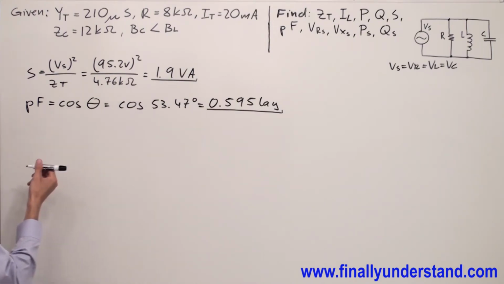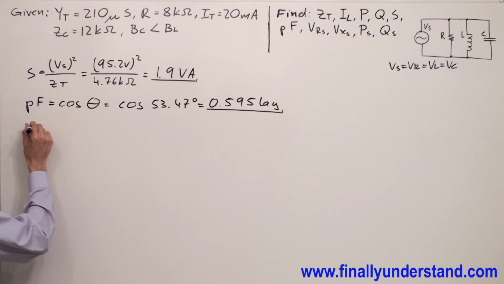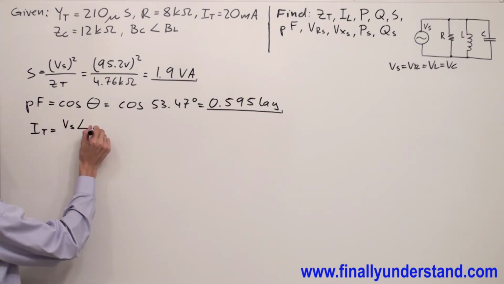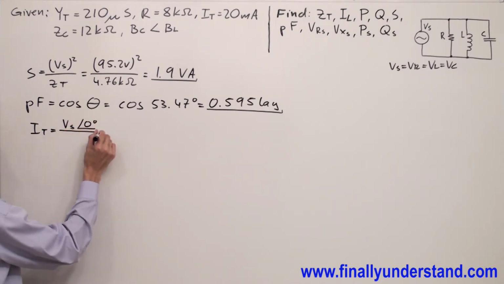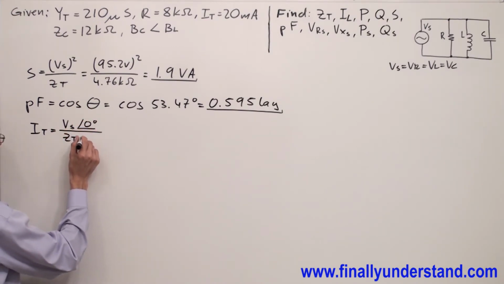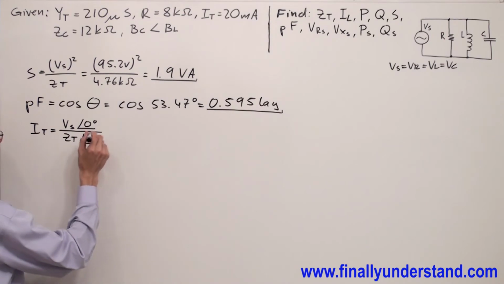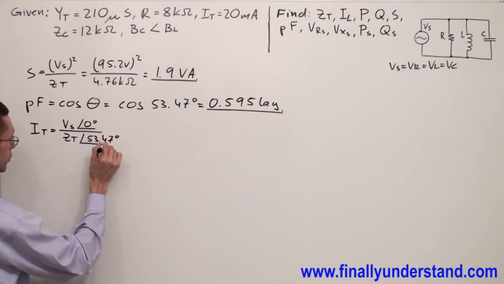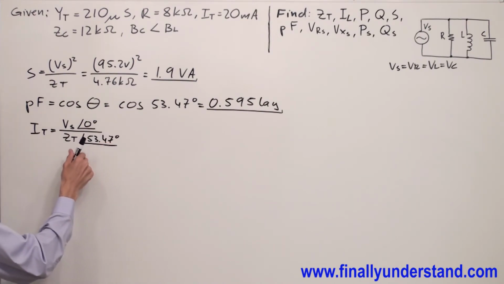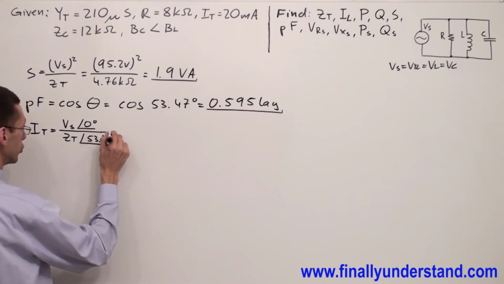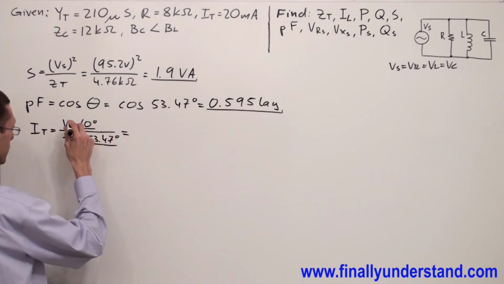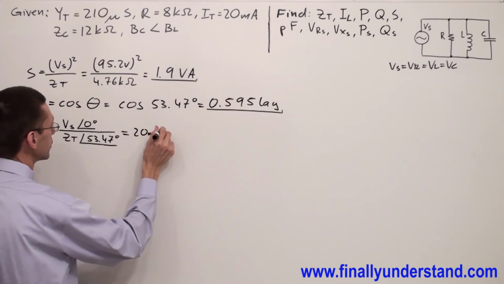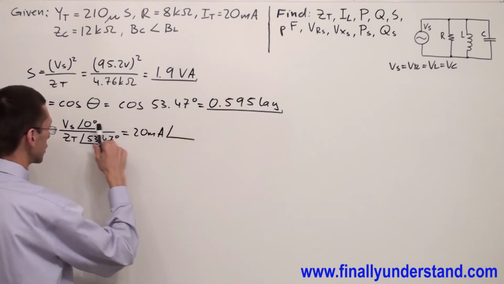Okay, let me explain this one more time. I total is equal to voltage source, and we said voltage source has an angle of 0 degrees, over Z total and angle of 53.47 degrees. Okay, so this is the angle which is next to Z total. So if you divide the magnitudes, you're supposed to obtain 20 milliamps, and you're supposed to subtract the angles.